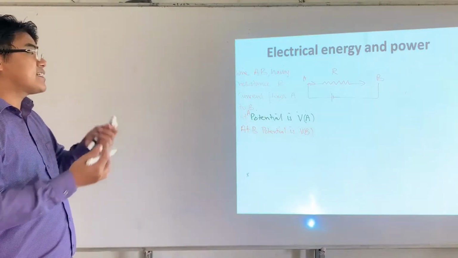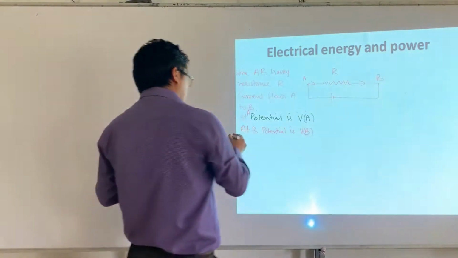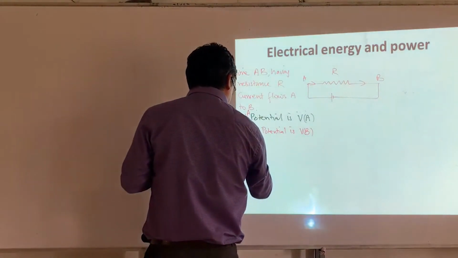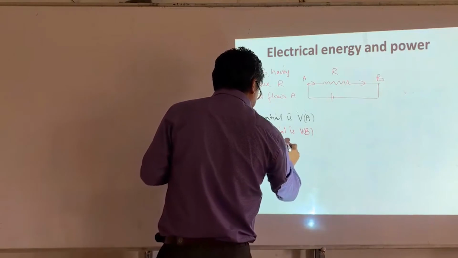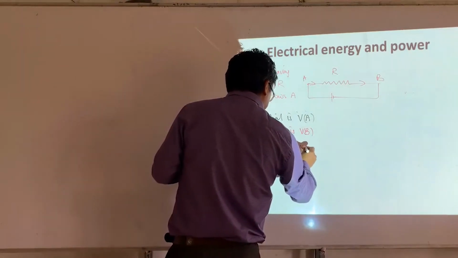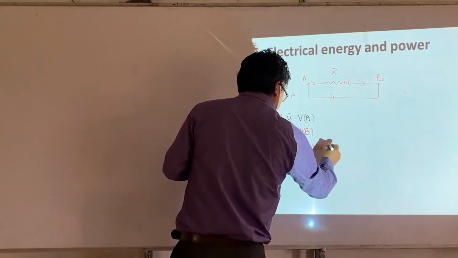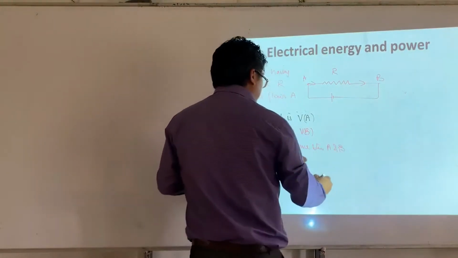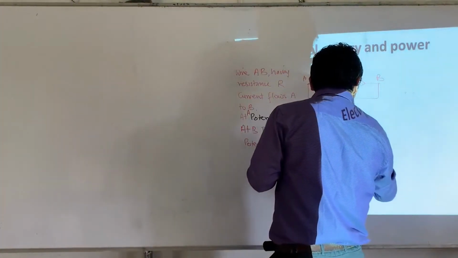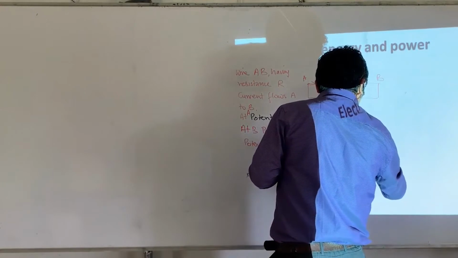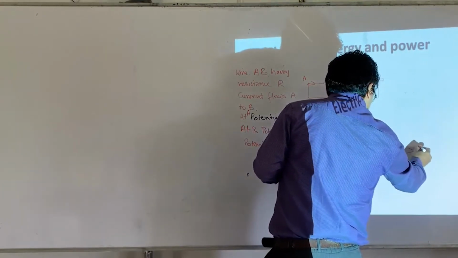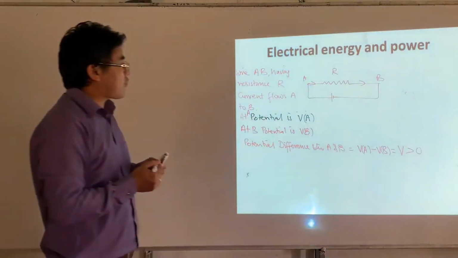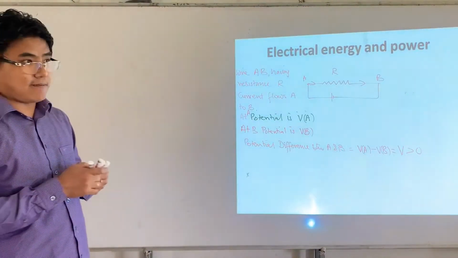And what is the potential difference? The potential difference between A and B is V of A minus V of B, which we call V, and which is more than 0. Why? Because current goes from higher potential to lower potential.